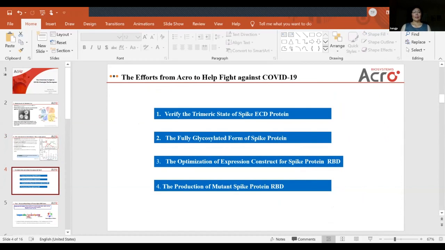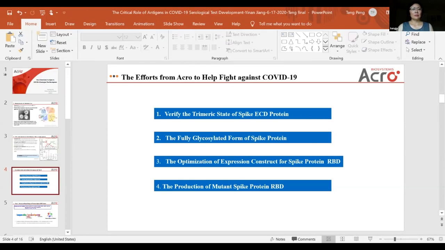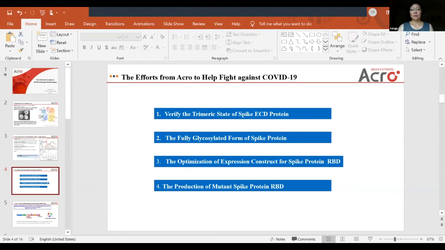And from now on, I'm going to introduce some efforts from ACROBiosystems to help the serological diagnostic test development. Basically, we will introduce our products and our efforts from 4 different parts.